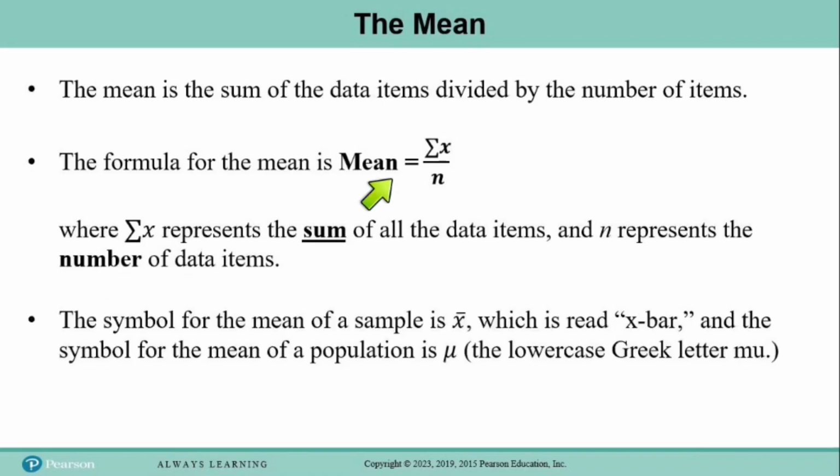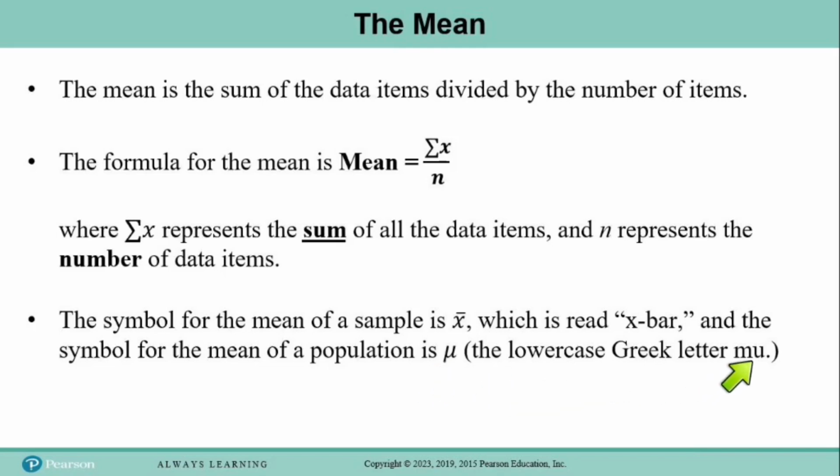Now, instead of writing out the word mean, we typically use the symbol x bar. It's a lowercase x with a bar over it, and that stands for the mean of a sample. If the numbers that we are averaging represent a population, then we use the Greek letter mu. This Greek letter looks like a U with a tail on the front.